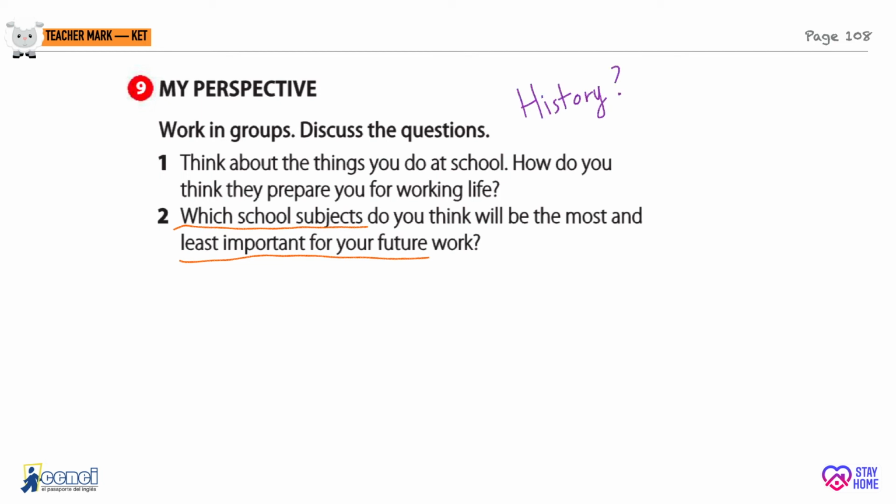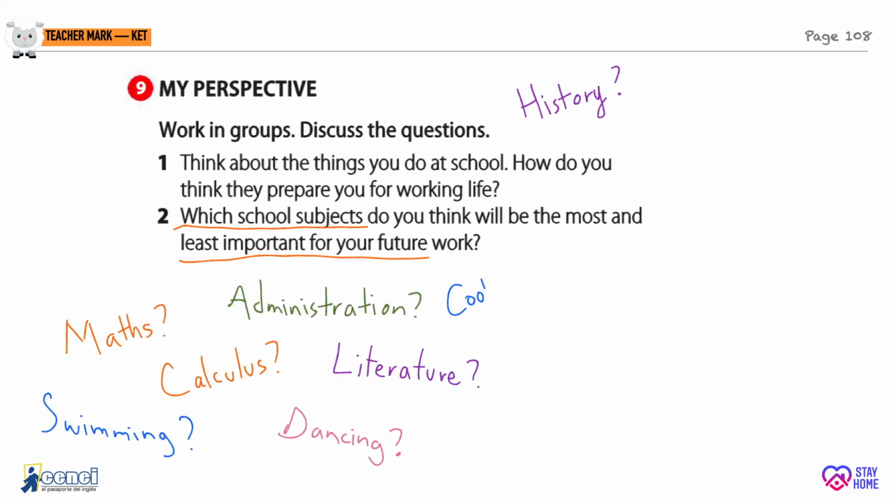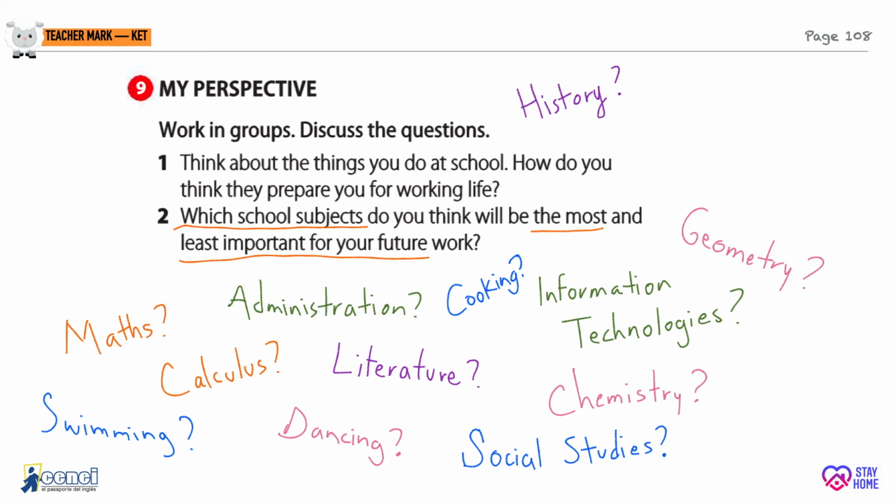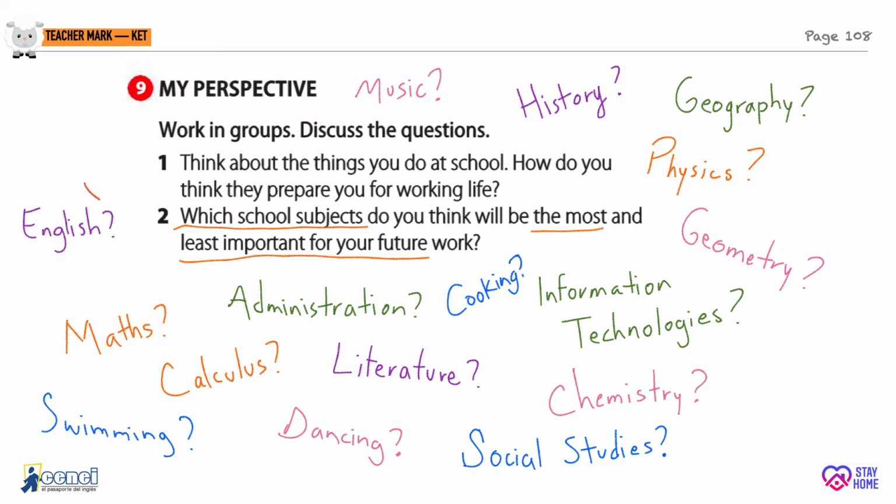Think about your favorite subjects at school. We have a lot of them. Which of them do you think are useful? Which are the least important for your future, whatever you want to do? So just please write them there in your book, note them down.